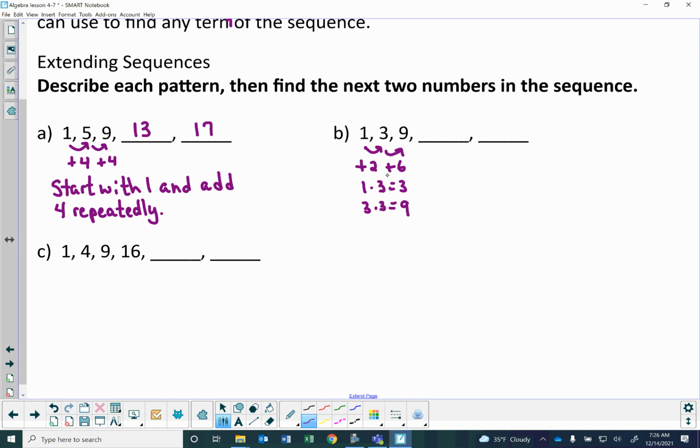I believe they're multiplying. So 9 times 3 is 27. That would be here. And then 27 times 3 is 81. That would be here. So our pattern is start with 1, and multiply by 3 repeatedly.